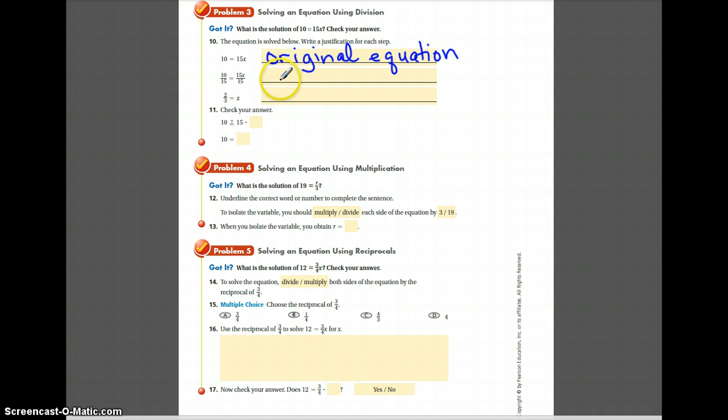Next, we're using the division property of equality, and so we're dividing both sides by 15. And then we simplify.